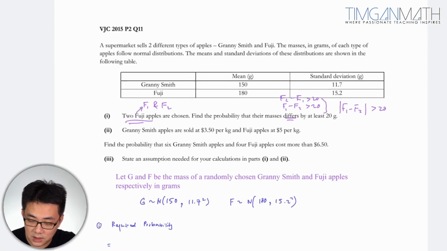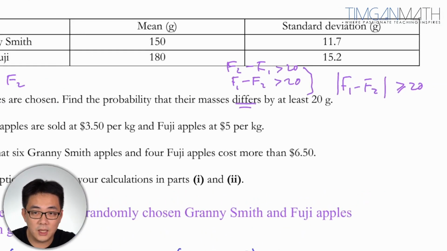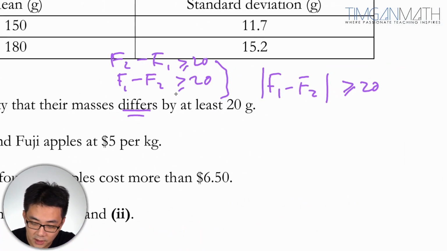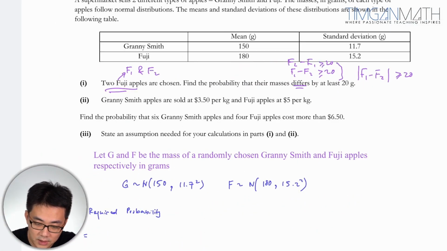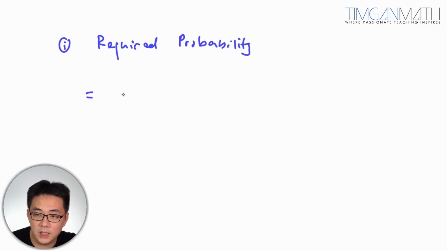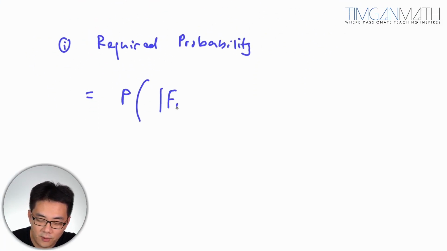Once this is at least, you can put an equal sign there, but because it's continuous, it doesn't really matter. So the required probability is P of the modulus of F1 minus F2 being at least 20.